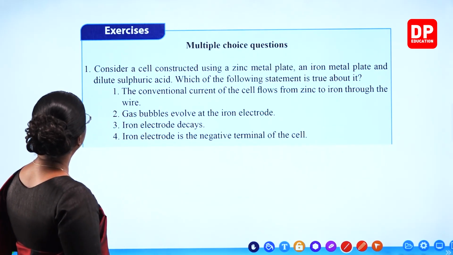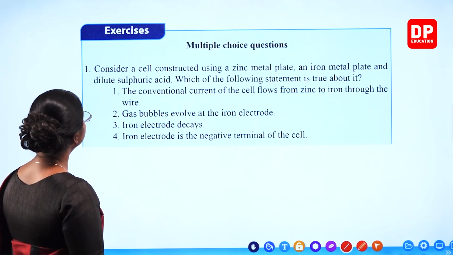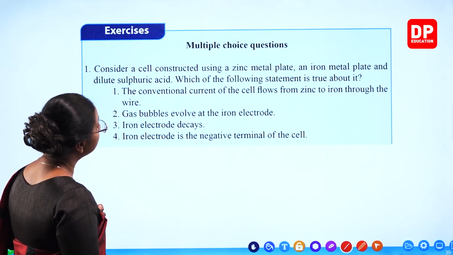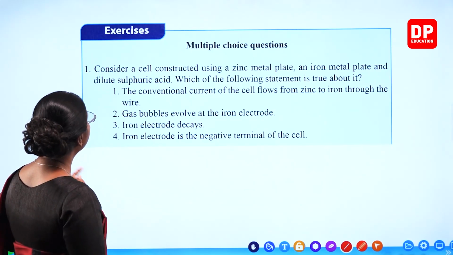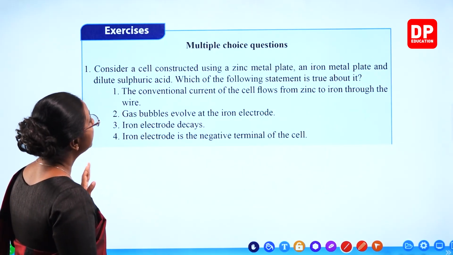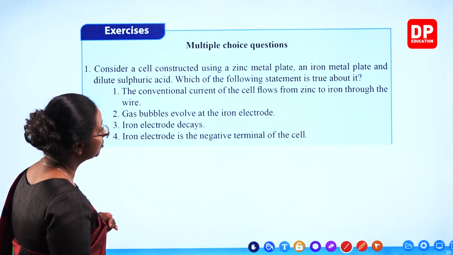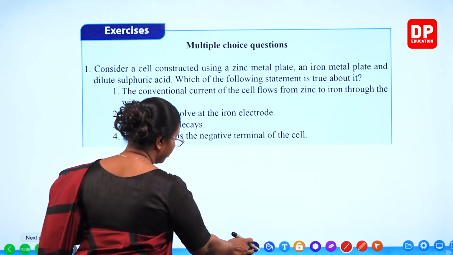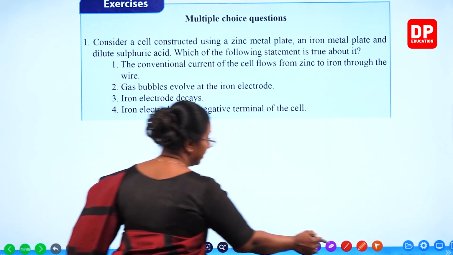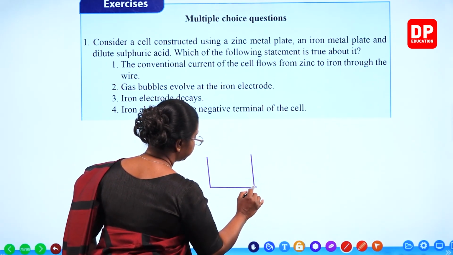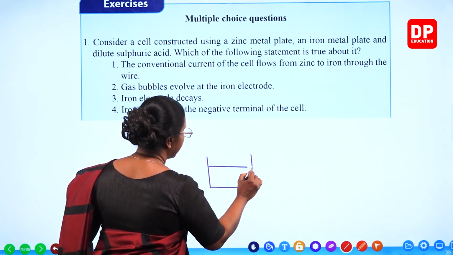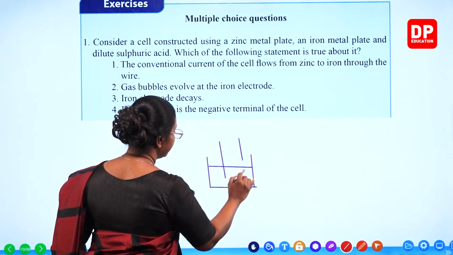So under that, the first one. Consider a cell constructed using a zinc metal plate, an iron metal plate, and dilute sulfuric acid. Which of the following statements is true about it? So you should know this cell. Here we have zinc and iron and dilute sulfuric acid as the solution.